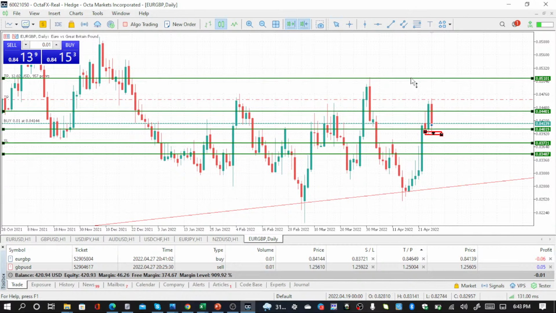I think here is the level I need to put my take profit. So I'll be taking out $12 here if the market goes in my favor, and here if the market goes against me, I'll be losing $5. So that is 2:1, 2% reward against 1% loss.